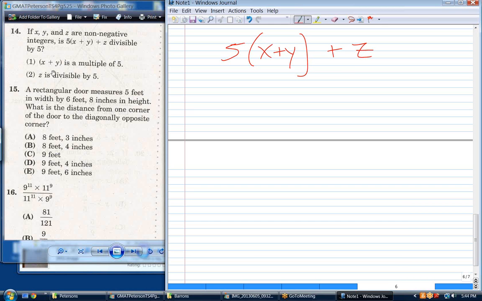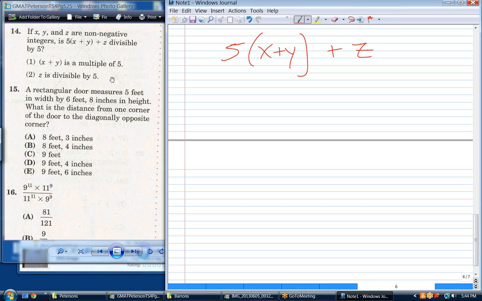When you're considering these two statements, personally, I like handling the easier one first. You don't always have to do them in order. You don't always have to start with 1.